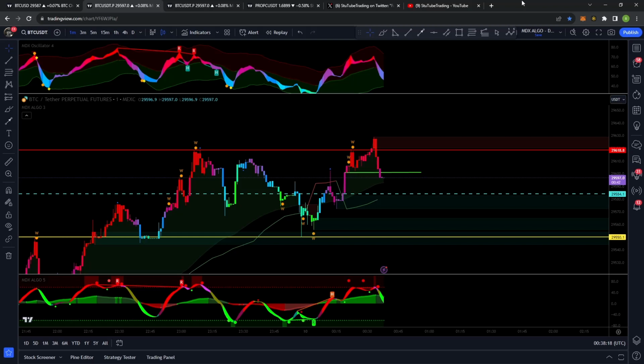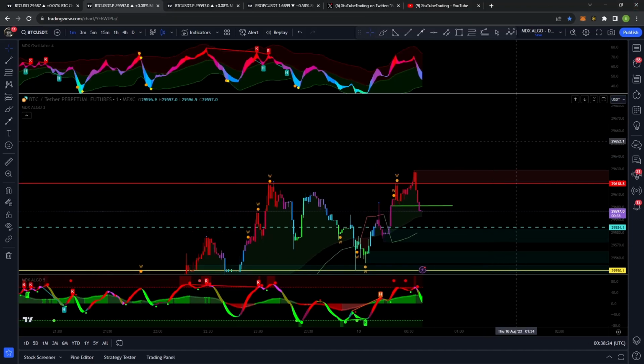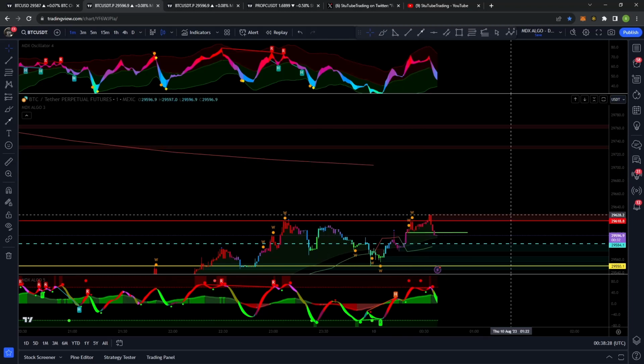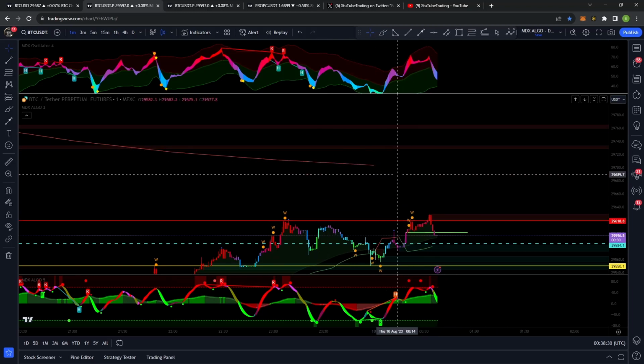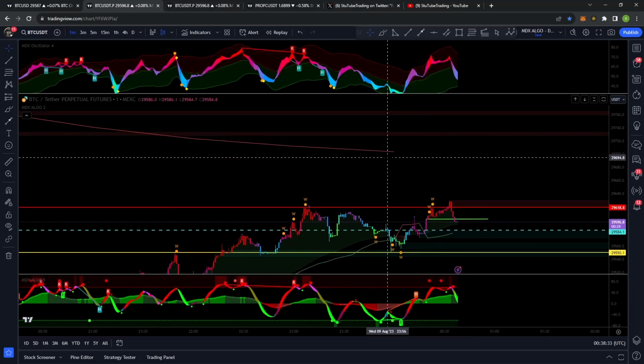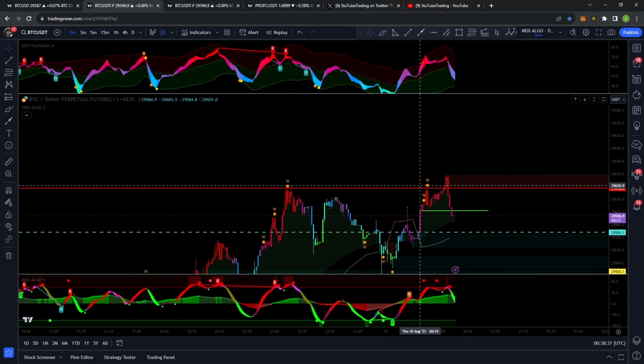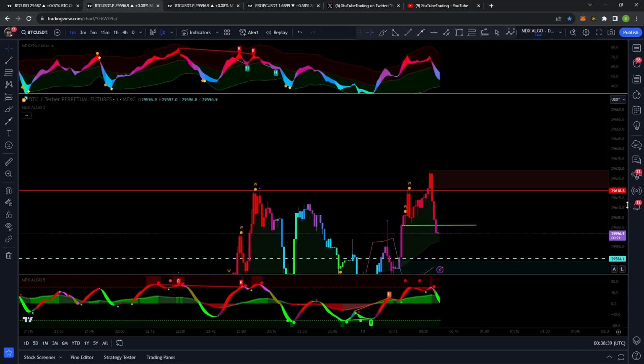Hitting the 1 hour EMA trend. I love taking positions around that as long as it's reacted well. You can see it kind of catching up with the price a little bit. Right now that is showing as resistance, but that's another one that I absolutely love to trade. Other than that, just basic market structure like I've been talking about.